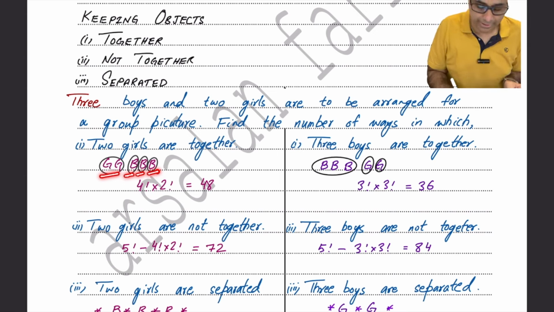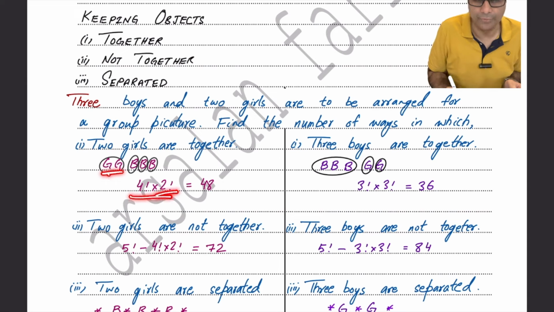So in how many possible ways can I arrange these 4 objects? That's going to be 4 factorial. Keeping in mind the fact that these are two different girls. We've put them together as one object, but they are definitely movable. So we can move them in a way that one girl can take the place of the other. So the ways in which these two girls being together can be rearranged could be 2 factorial.